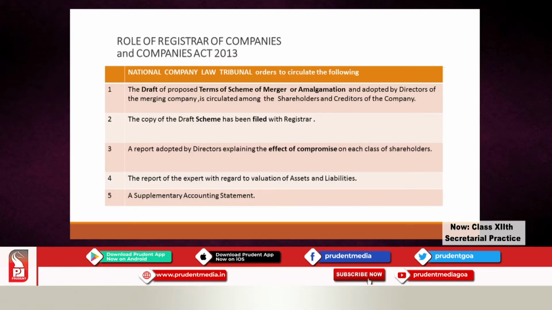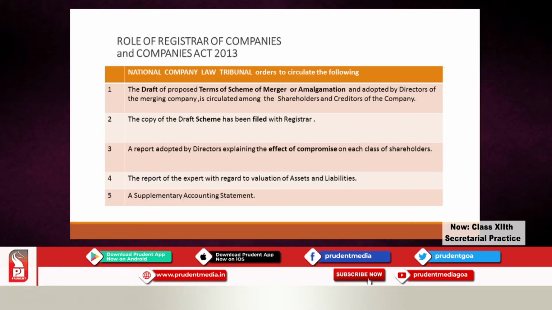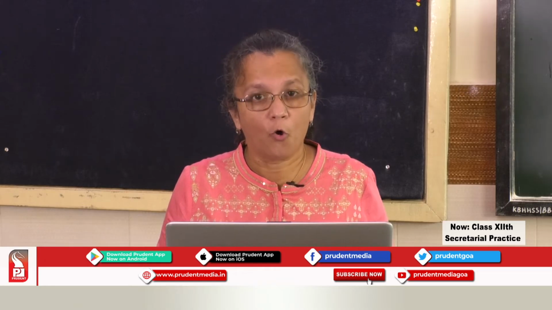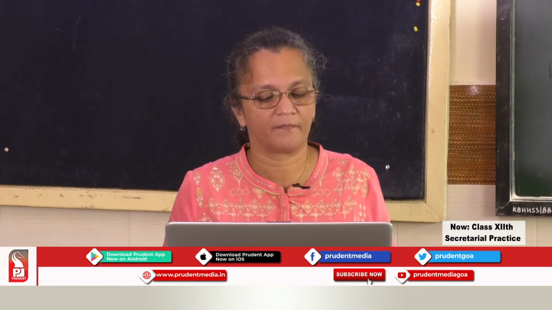A copy of this draft scheme of merger and amalgamation has to be filed with the Registrar of Companies. Third, a report adopted by the directors explaining the effect of compromise on each class of shareholders on the scheme of merger and amalgamation.